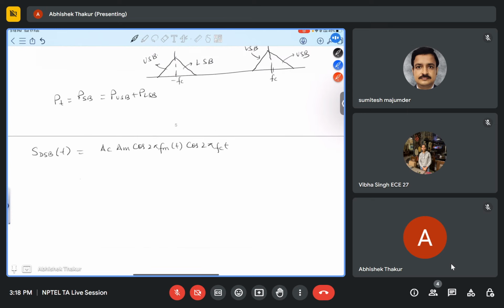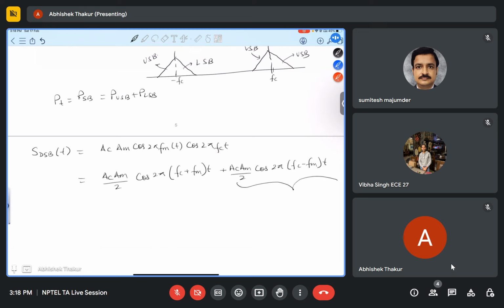So now this is cos A cos B. So we can write this as Ac Am by 2 cos of 2 pi (fc plus fm) t plus Ac Am by 2 cos of 2 pi (fc minus fm) t.